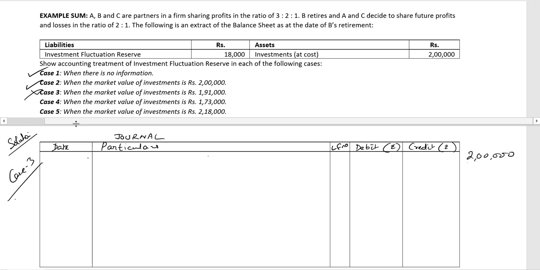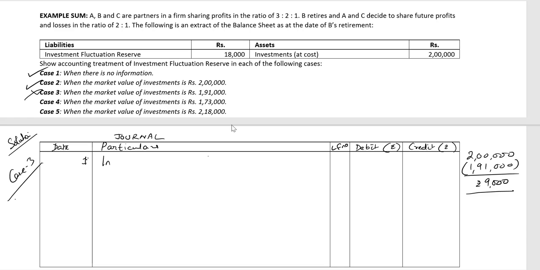So there's a fall in value of 9,000 rupees. The investment fluctuation reserve is 18,000. We'll utilize 9,000 out of the investment fluctuation reserve to reduce the value of investments, and the balance 9,000 can be distributed among all the partners in their old profit sharing ratio.